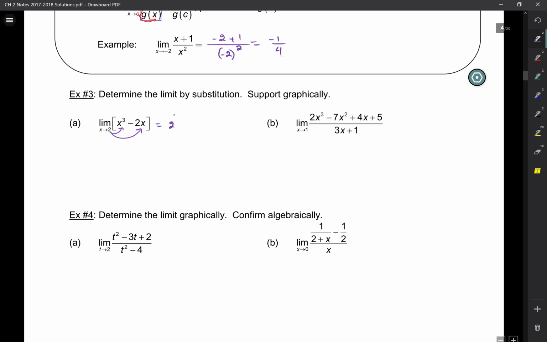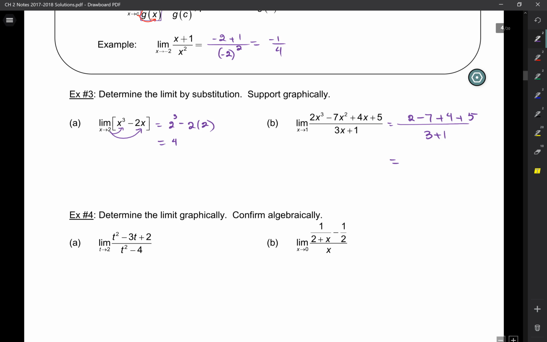So it's going to be 2 cubed minus 2 times 2, 4. I'll talk about graphically in a minute. Here, we're going to plug in a 1. So it's 2 minus 7 plus 4 plus 5 all over 3 plus 2, 3 plus 1. I'm plugging in x equals 1 to all of the x's.